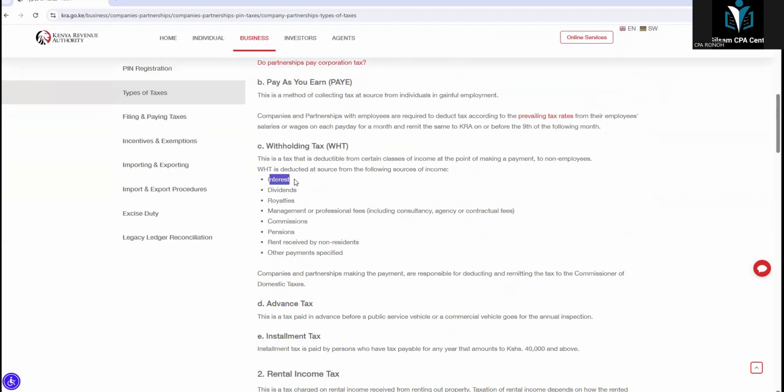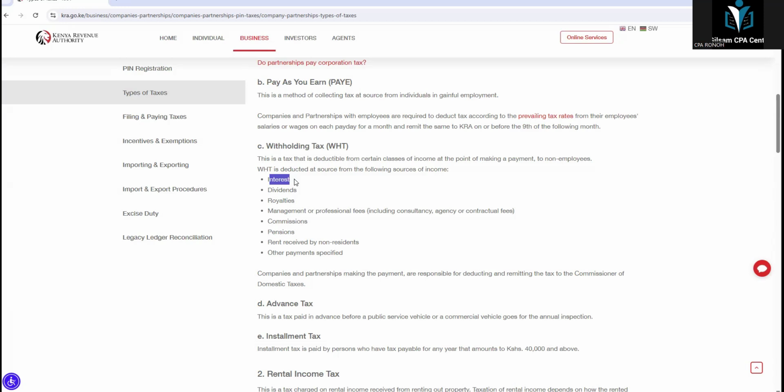We have interest. If it is for the bank, they deduct 15% of the payment they are paying you. For interest and royalties, we have 10% and 15%. For management or professional fees, consultancy, agency, and contractual fees: consultancy is 5% of the gross amount, the same with agency.